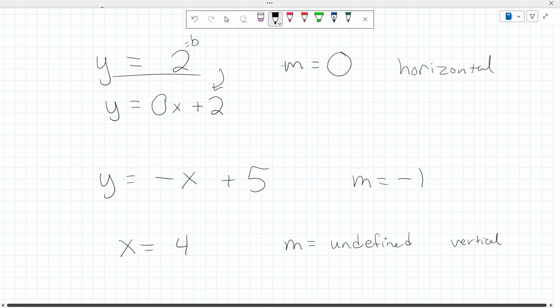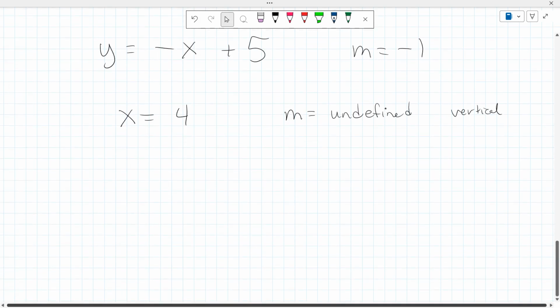Okay. What if y isn't alone, but we have both an x and a y in the equation? Like x plus y equals 7. What's the slope? Well, to find the slope, we want to get y all by itself. To get y all by itself, what do we do with the x?